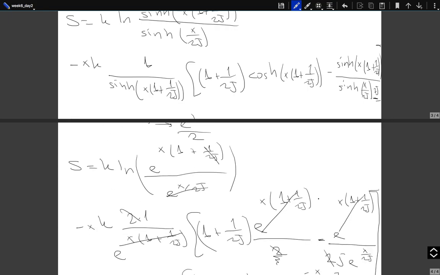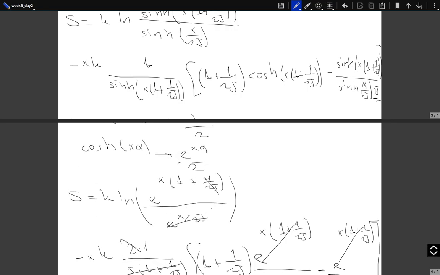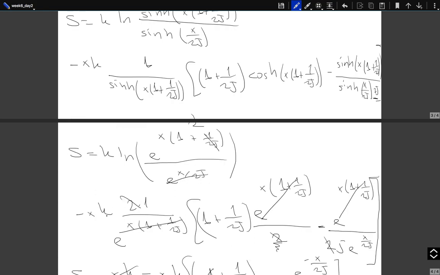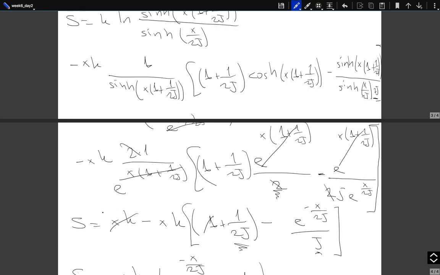So now when we take the limit, let's say when we did the cancellations, okay, so this cancels this x over 1 over 2j term. What remains is x times k. The logarithm of e to the power x is just x, so here we have an x times k from the first term. Now in the second term, okay, we have this e to the power x 1 plus 2j. Basically this sine hyperbolic cancels this cosine hyperbolic and also this sine hyperbolic. All of them are cancelled.